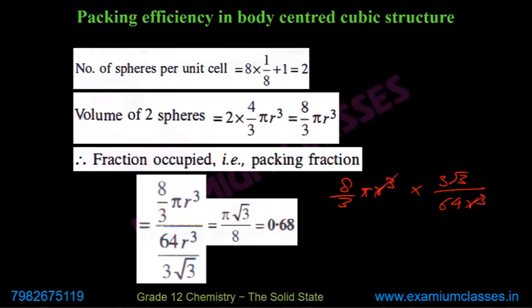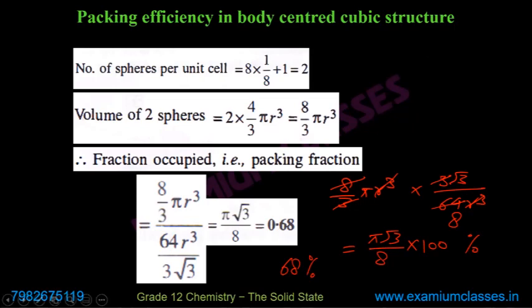R cube got cancelled, 3 got cancelled, 8 8 the means pi root 3 by 8 into 100%. When you solve it, it will be 68%. Yes, Shivangi. Your calculation is correct. Good.